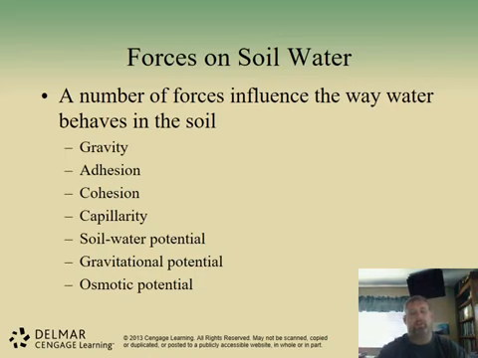And so those three potentials are all things that have to do with the water moving side to side and up and down within the soil. And osmotic potential is the ability for the plant to uptake the water. We will learn that plants don't uptake water unless there is an osmosis reaction, and a plant must transpire to uptake water.